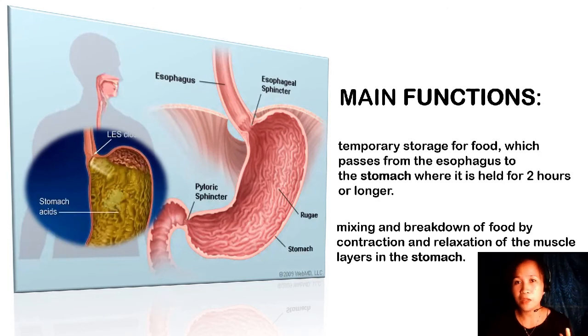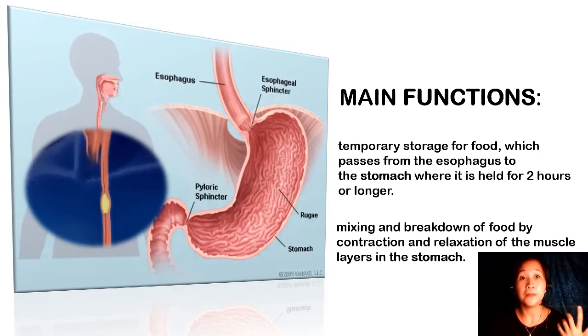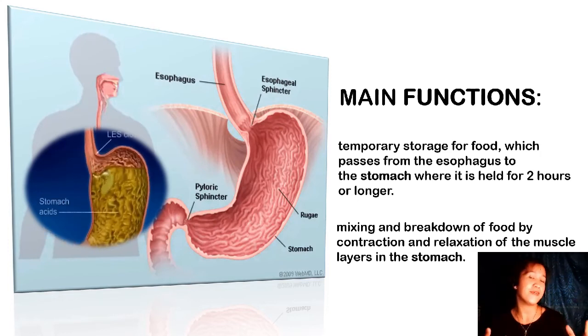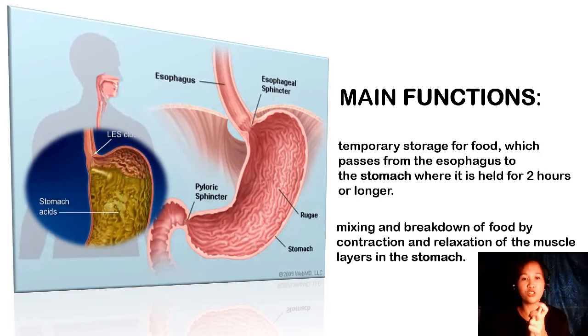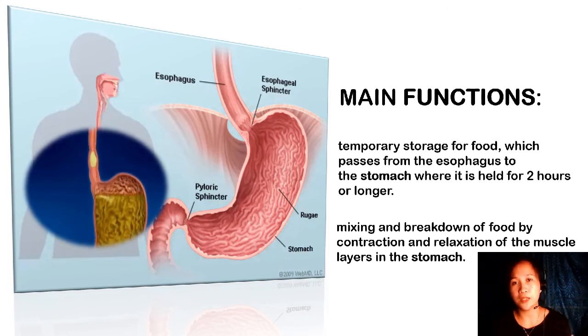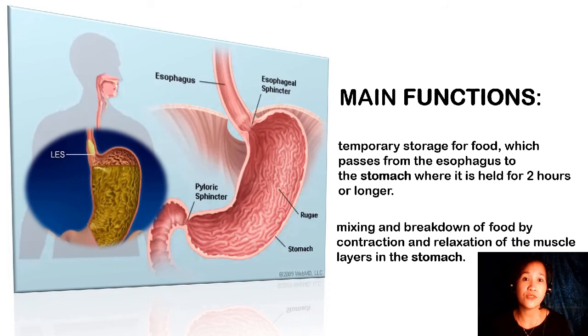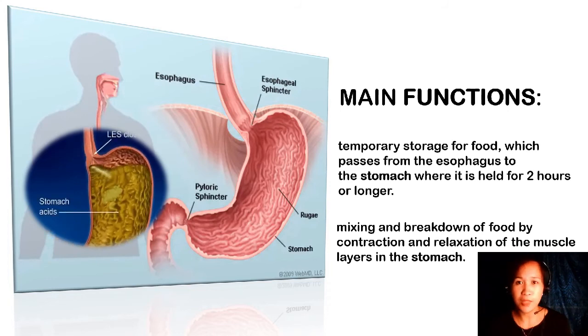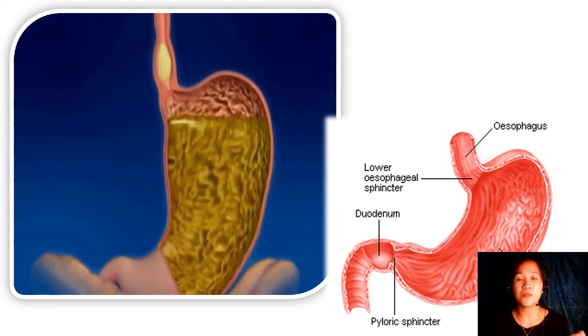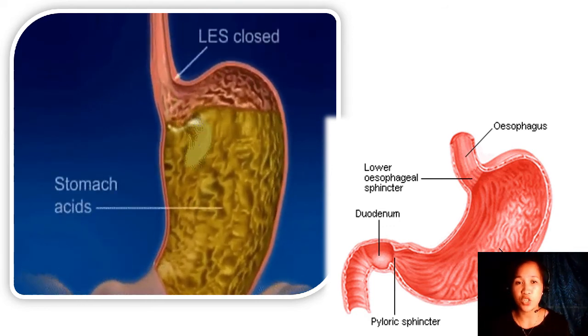Guys, our stomach is like a balloon where it can stretch when it is filled, and then it goes back, it shrinks again when there is nothing inside. So the adult stomach can hold 2 liters of food and at the same time water. So stomach juices are chemicals made by the body that help digest food.